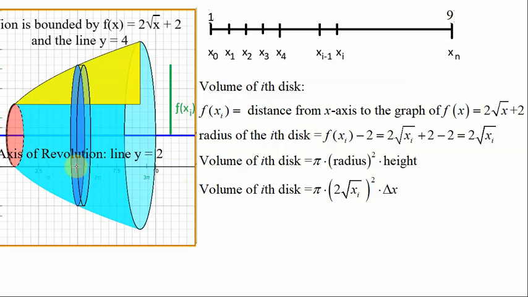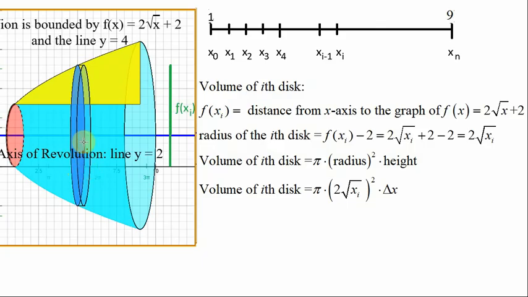Now at x equal to x sub i, f of x sub i is the distance from the x-axis up to the graph, meaning the distance from here to here. Therefore f of x sub i is not the radius of this ith disk.